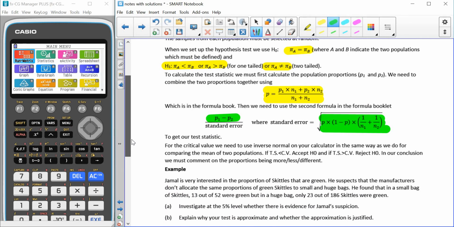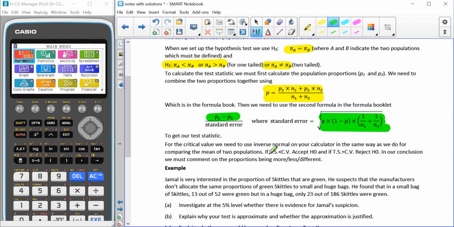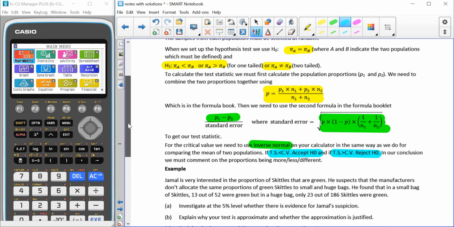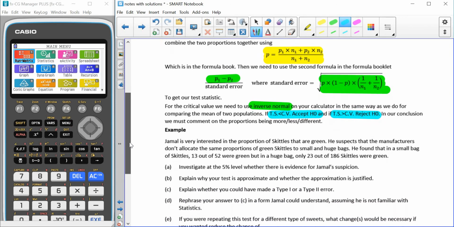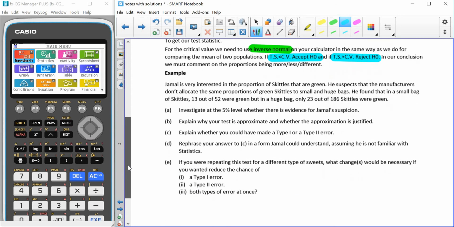Because we are treating this like a normal approximation, we use inverse normal to get our critical value. If the test statistic is smaller than the critical value, then we accept H0, and if the test statistic is bigger than the critical value, then we reject H0. We need to make sure that in our conclusions we are talking about the proportions.